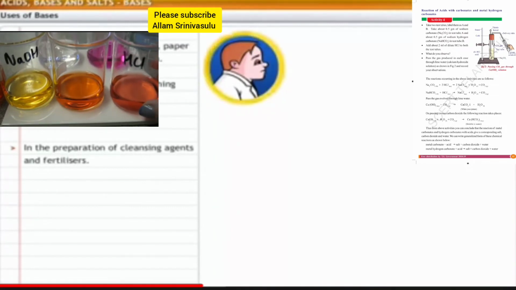Properties of bases: uses in the radiator and antacids.